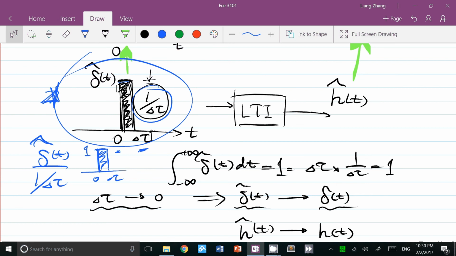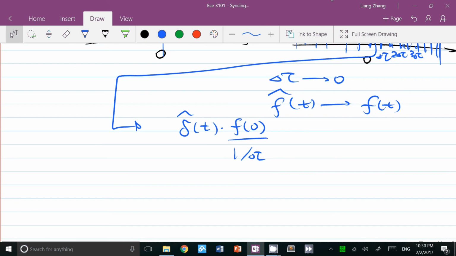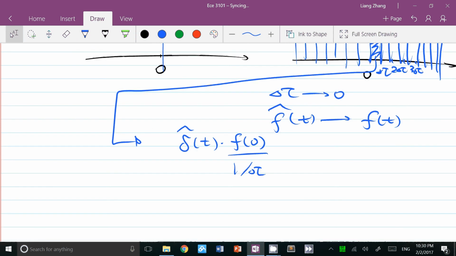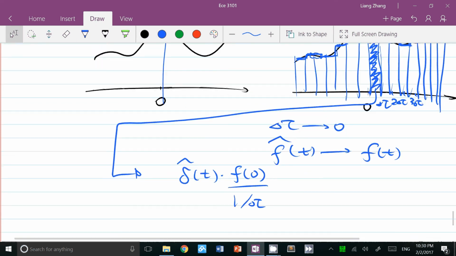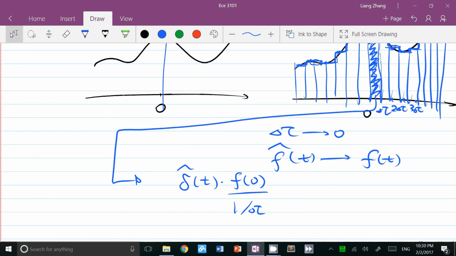And now I further multiply by the height of the curve at time 0. This means I'll end up with this rectangle. This is one of them. I can find all the others.